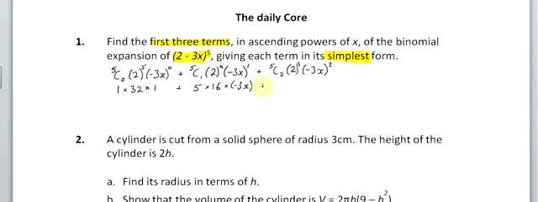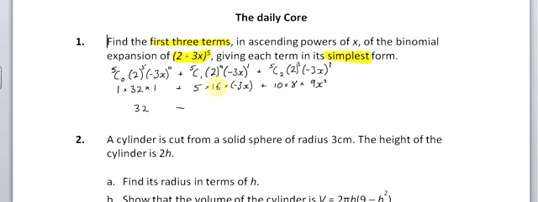And the third term, 5 choose 2 is 10, 2 to the power of 3 is 8, and (minus 3x) squared is 9x squared.